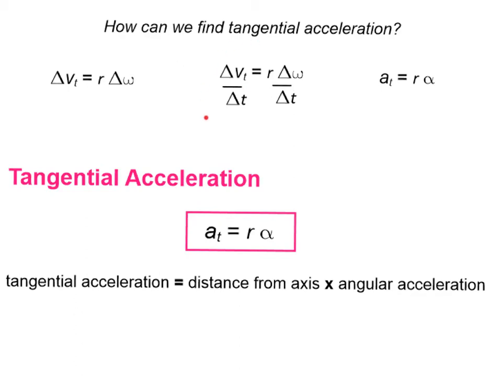When we do that, we get this equation, and if the time interval, delta t, is very, very small, then the left side of this equation gives us the tangential acceleration of that point. The angular speed divided by the time interval on the right side, right here, is the angular acceleration, alpha. So we get the tangential acceleration of a point on a rotating object given by this relationship right here.